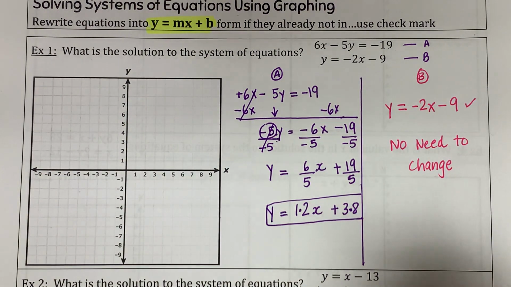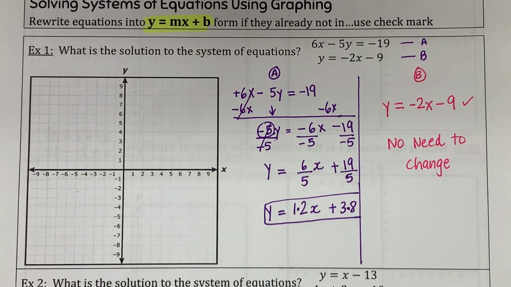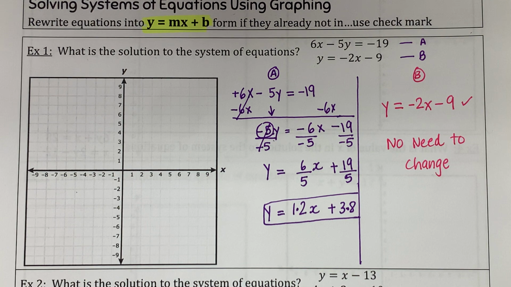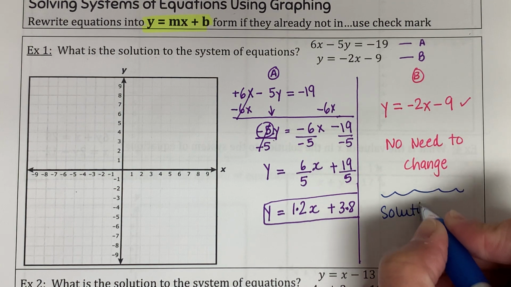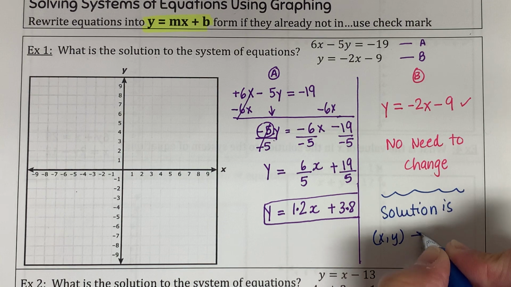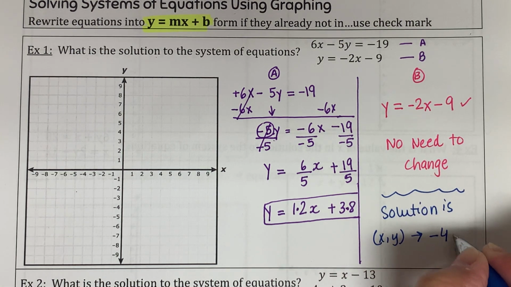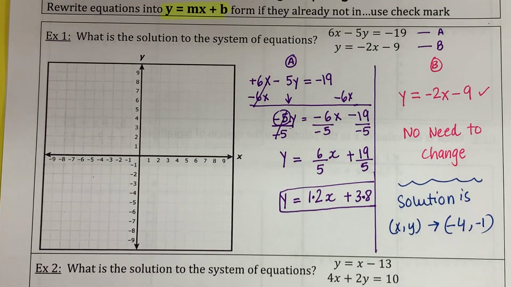So what is the solution? I'm just going to use this area to write my solution set. So from the calculator, I got the value negative 4 comma negative 1. So the solution is x comma y, which is negative 4 comma negative 1. So that's my answer.